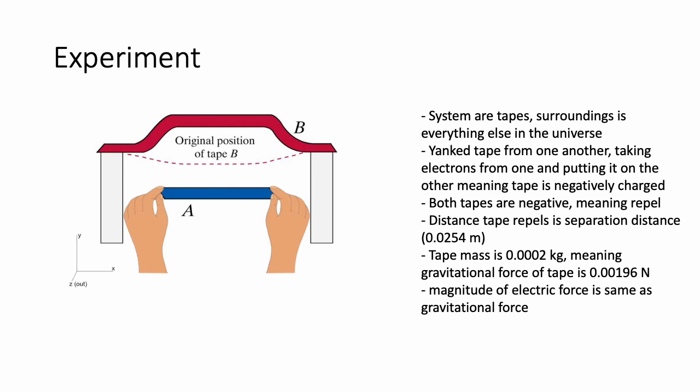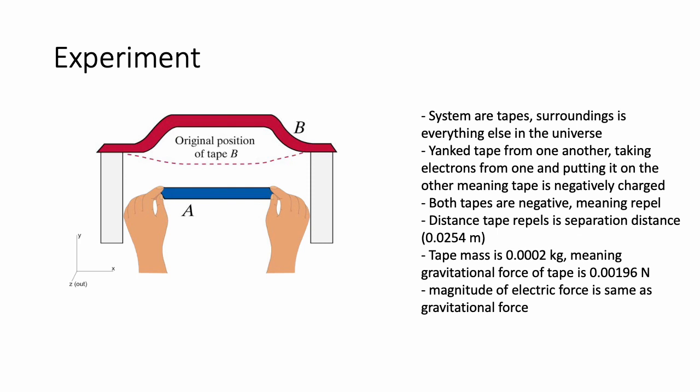So you would put one of the tapes across the table, and then you would take the other tape under the gap. You kind of bring it closer. And what would happen is, because both the tapes are negative, the tapes would repel. And then one of the tapes is floating. So the distance the tape repels is the separation distance, which we measured at 0.0254 meters.